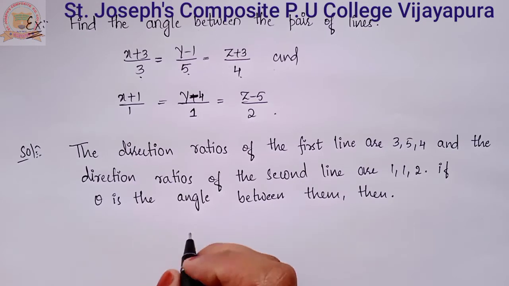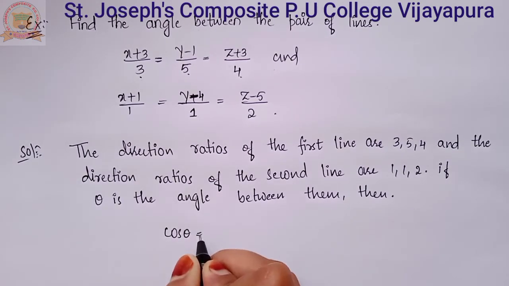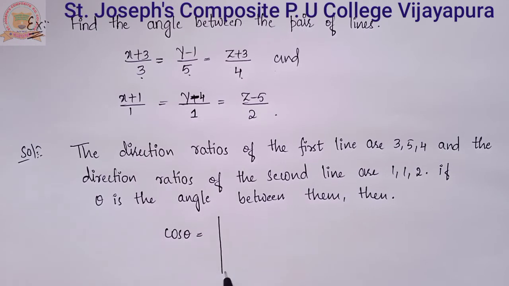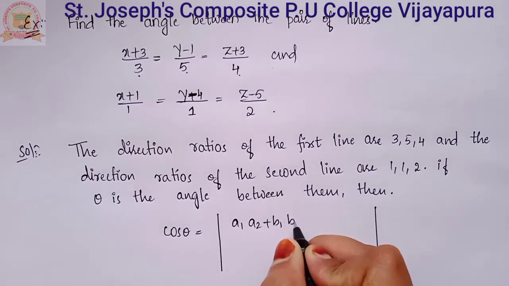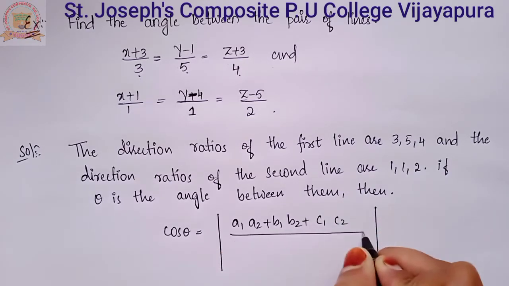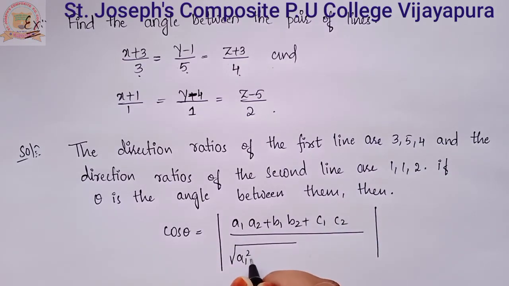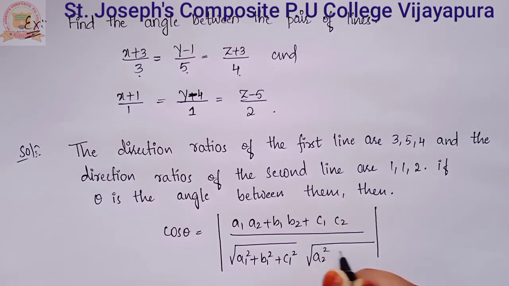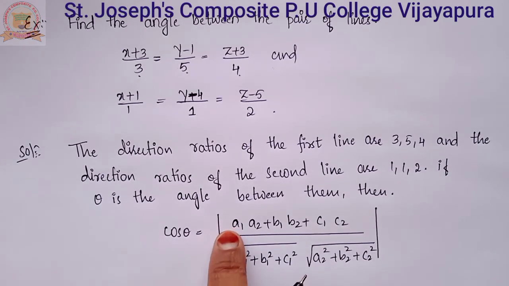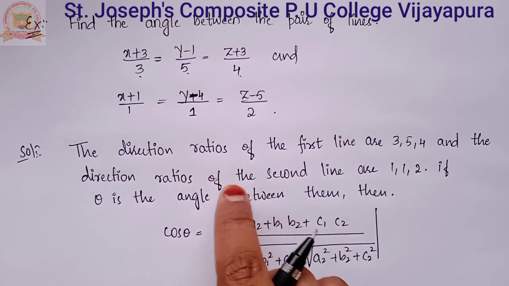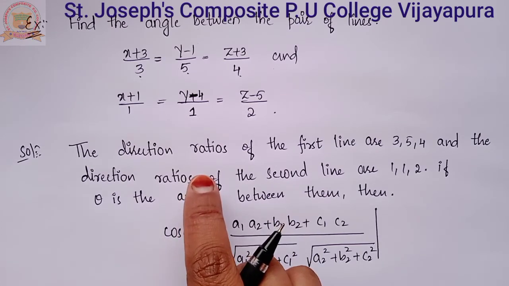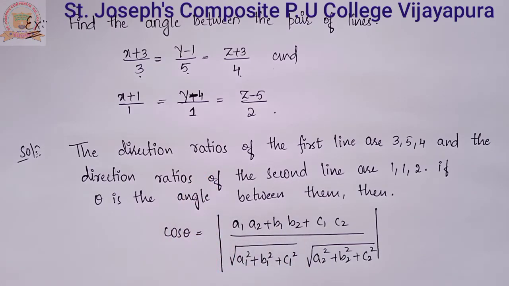we know the formula cos theta is equal to mod of A1 A2 plus B1 B2 plus C1 C2, whole divided by root of A1 square plus B1 square plus C1 square into root of A2 square plus B2 square plus C2 square, where A1 B1 C1 and A2 B2 C2 are the direction ratios of the respective first line and second line.